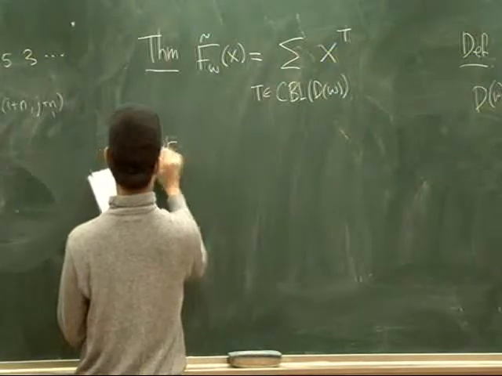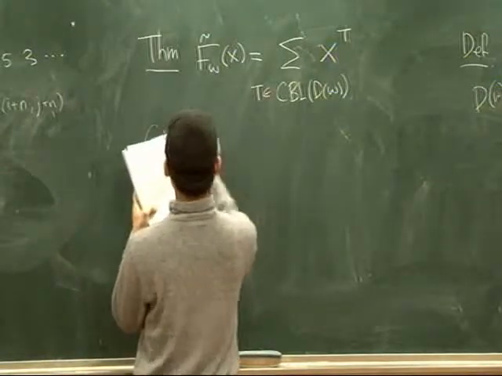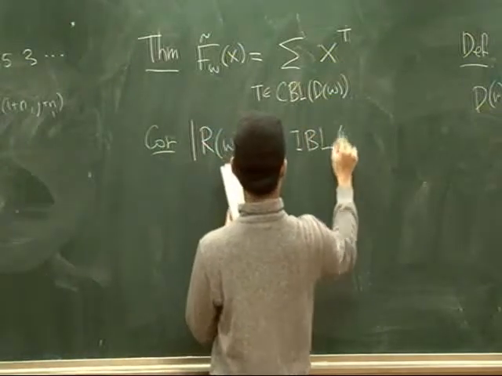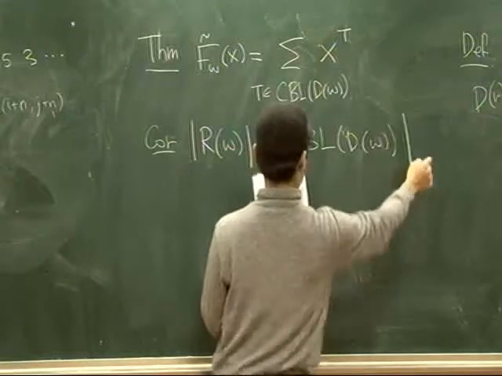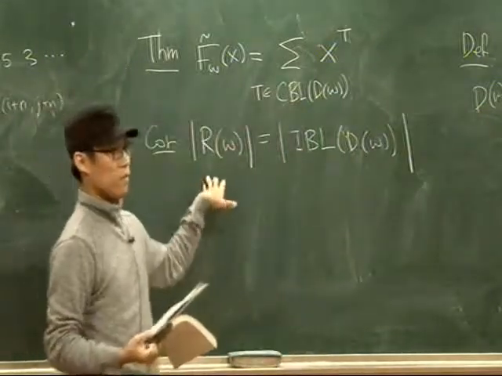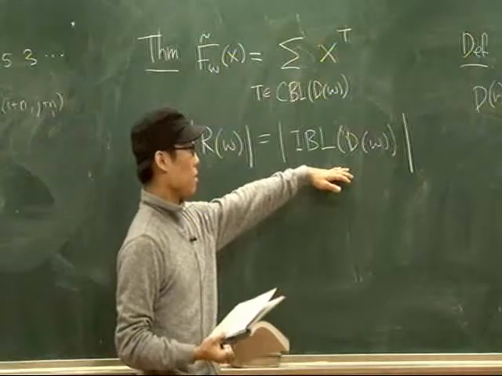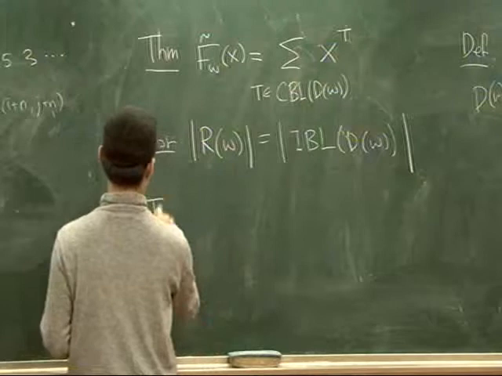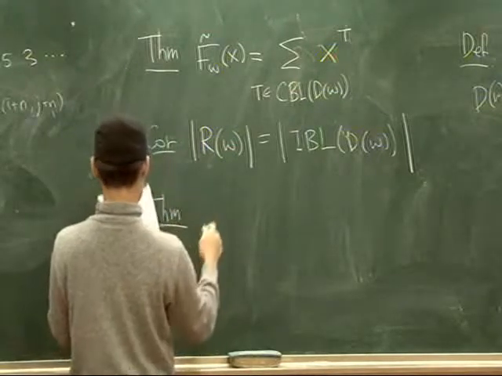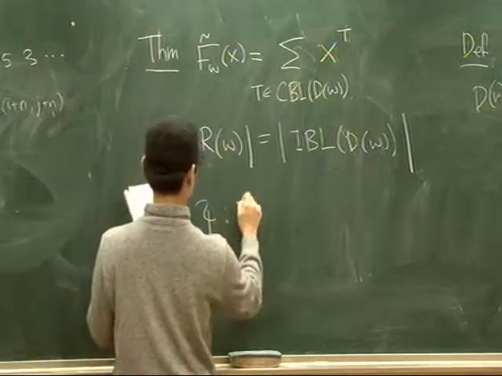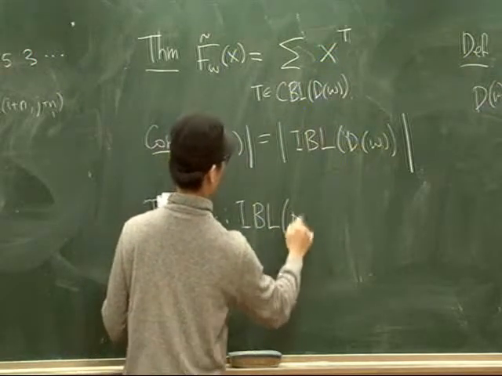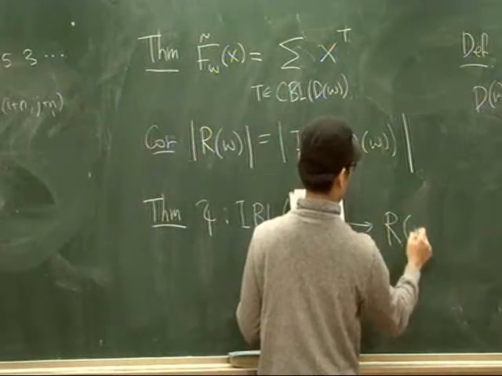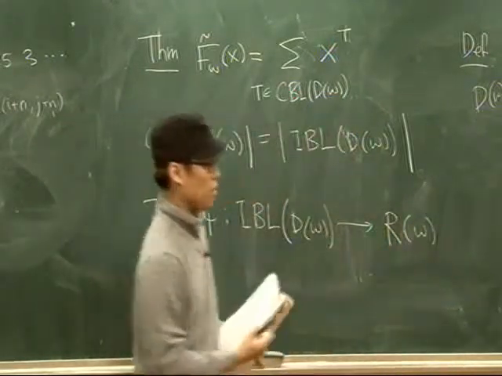So as a corollary, we have that the number of reduced words of this affine permutation is the same as the number of injective balanced labelings of this diagram. Actually, we have a more direct bijection, from the injective balanced labelings to the reduced words of the affine permutation.